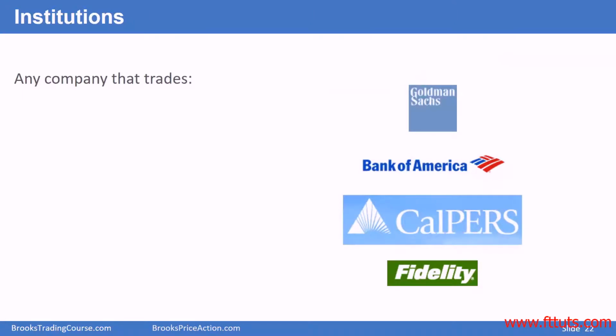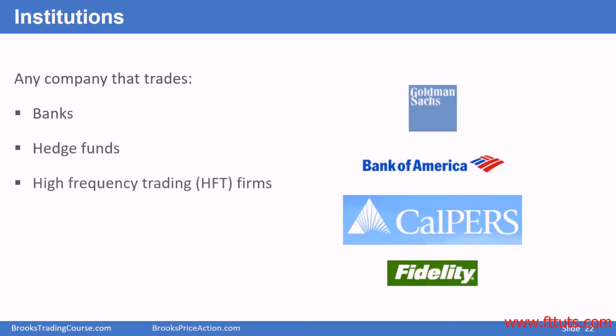You'll sometimes hear me talk about an institution, Bank of America, CalPERS, the pension fund for state employees in California, Fidelity Investments, those are all institutions, Goldman Sachs. An institution could be a bank, it could be a hedge fund, a high-frequency trading firm, pension fund like CalPERS, mutual funds like Fidelity.